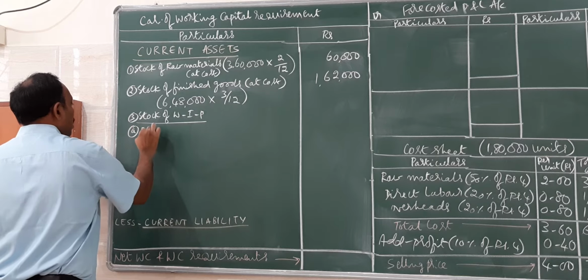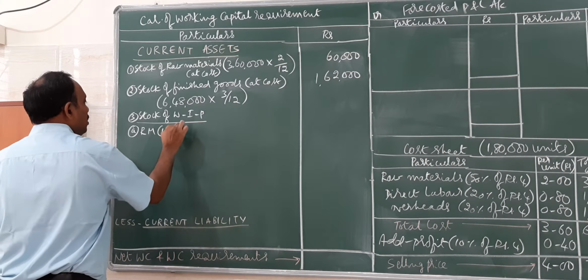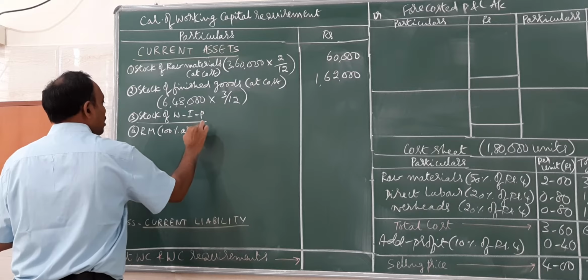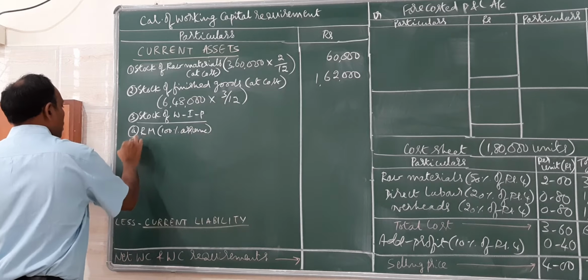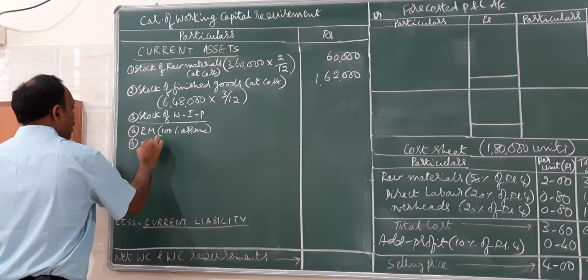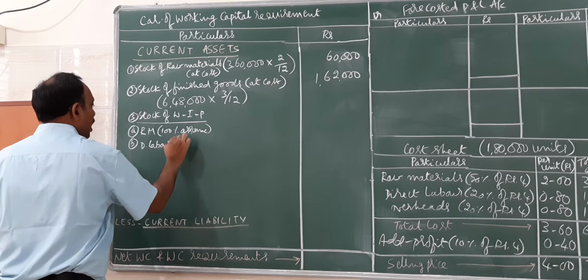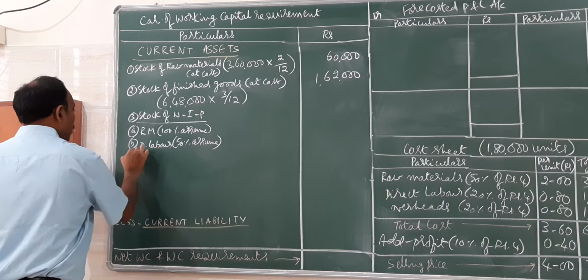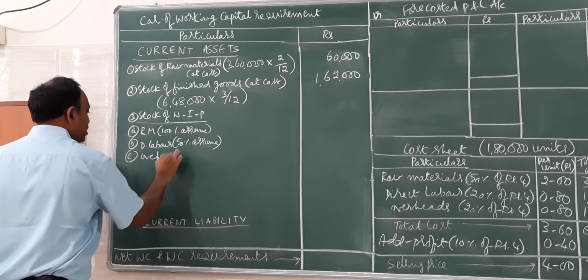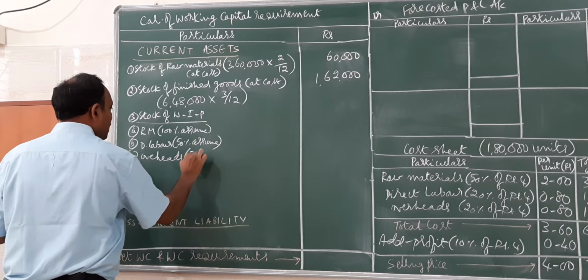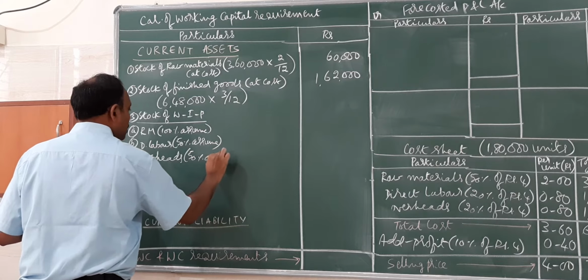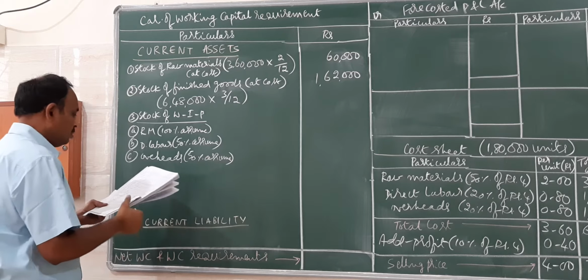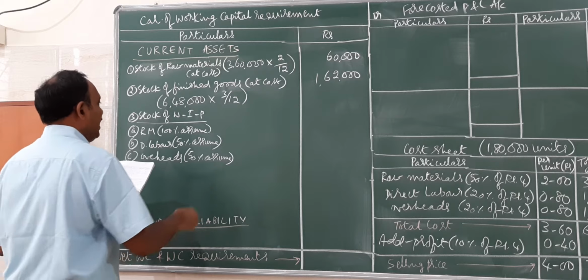For raw material, assume 100%. For direct labor, assume 50% complete. For overheads, assume 50% complete. So it's an assumption. This is the assumption usually made for the calculation.